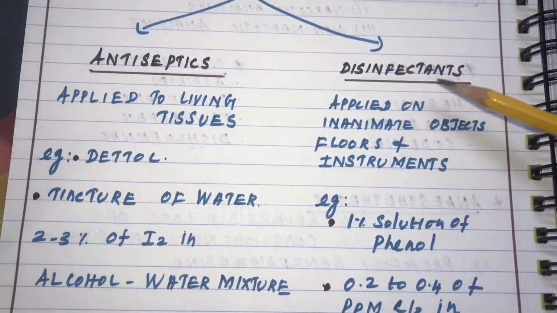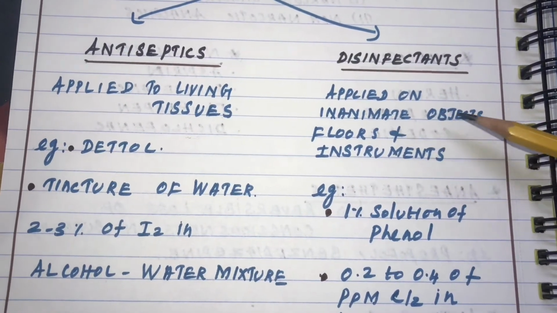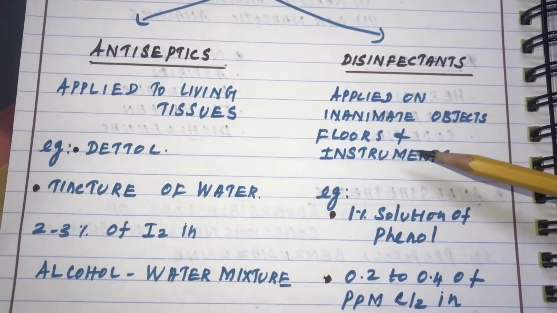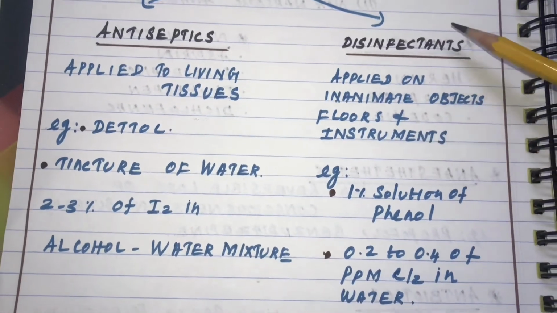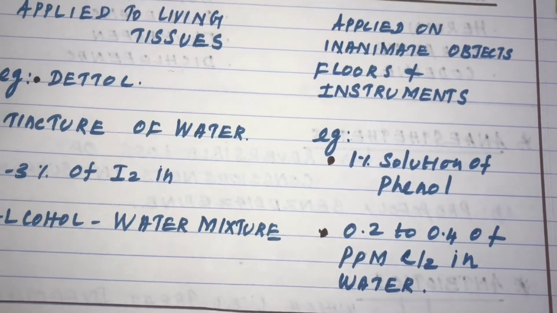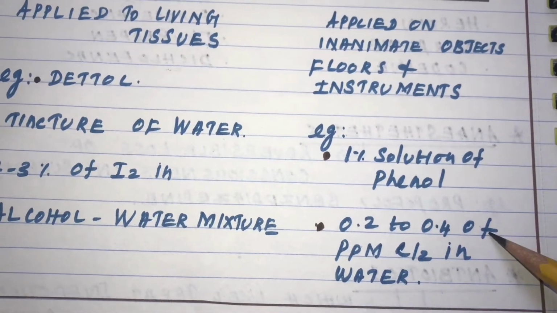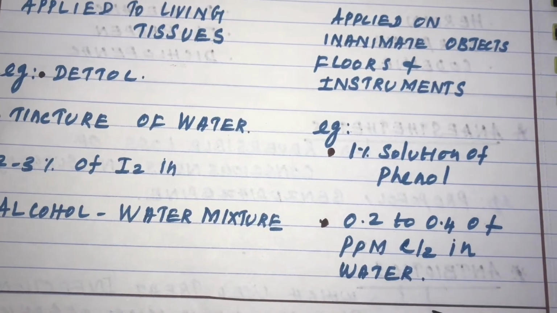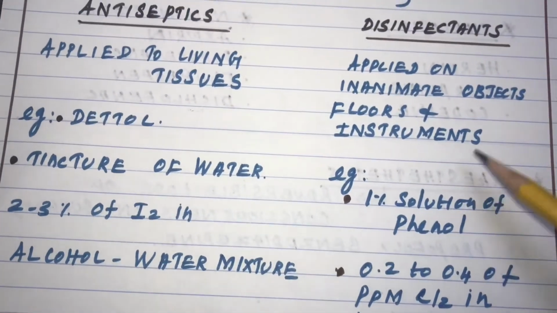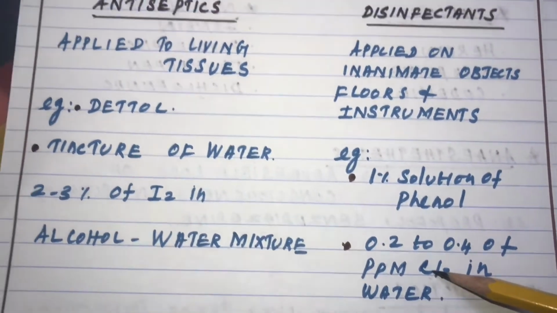What is a disinfectant? It is applied on inanimate objects, floors and instruments. Examples of disinfectants are 1% solution of phenol, and 0.2 to 0.4 ppm, parts per million, of chlorine in water, which is used to purify water.